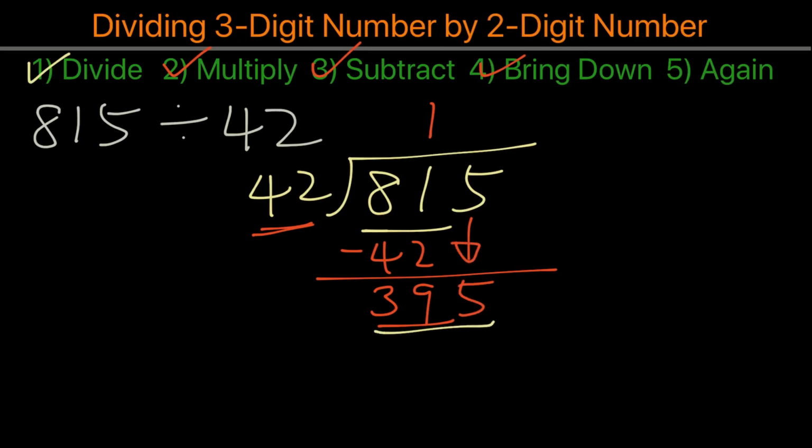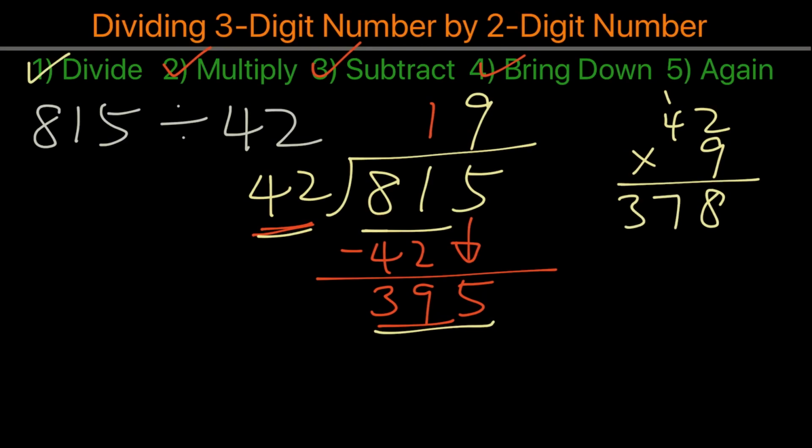And so we have 395 divided by 42. And 9 will work. 42 times 9: 2 times 9 is 18. 4 times 9 is 36, plus the 1, 37.